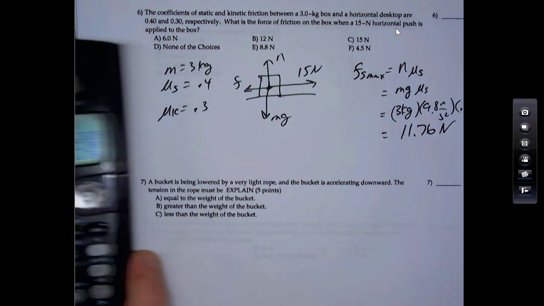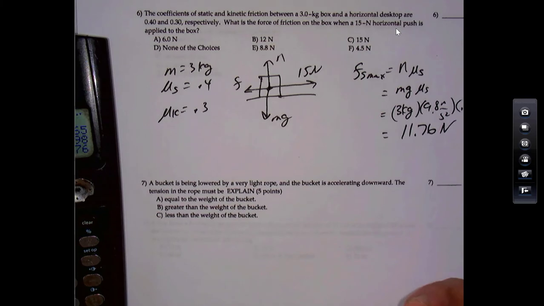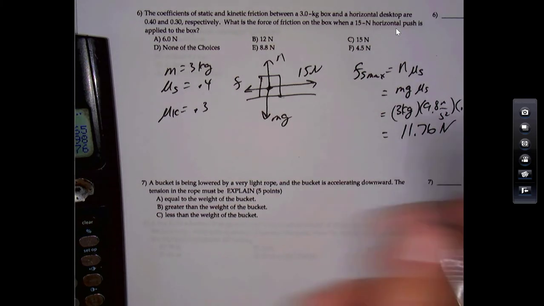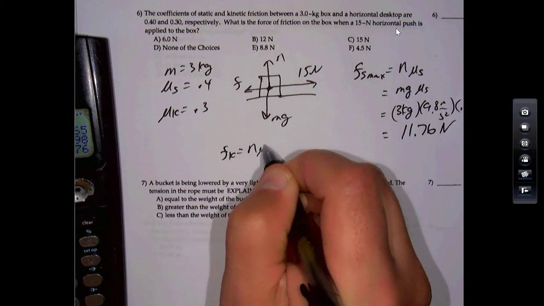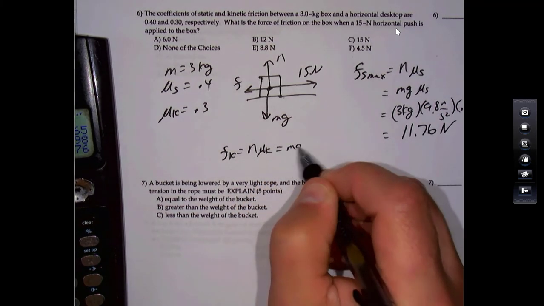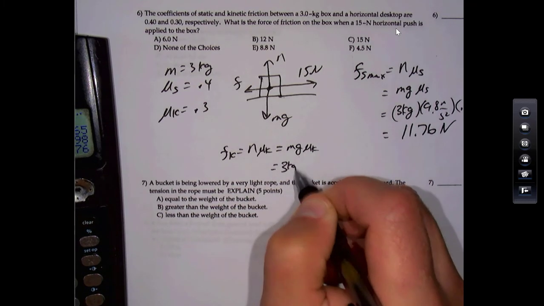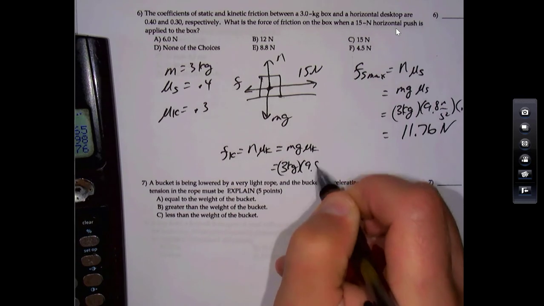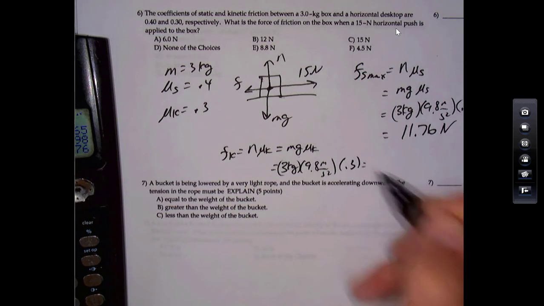So we are above that. This applied force is 15 newtons. We're above this, so we're not even in static friction. We've overcome static friction. So we'll have to figure out how much kinetic friction is. It's the normal times mu sub k. And again, the normal force is equal to mg. And I can put all this stuff in. 3 kilograms, 9.8 meters per second squared, and then times 0.3.